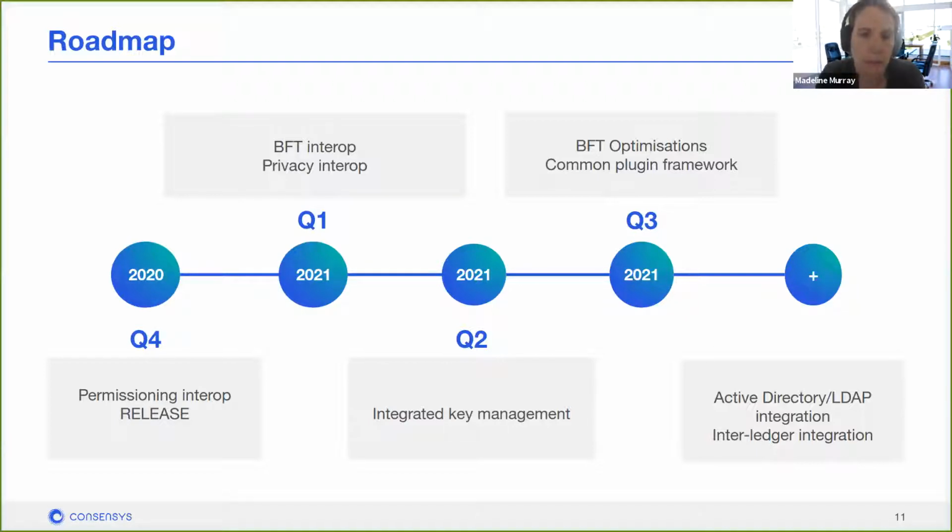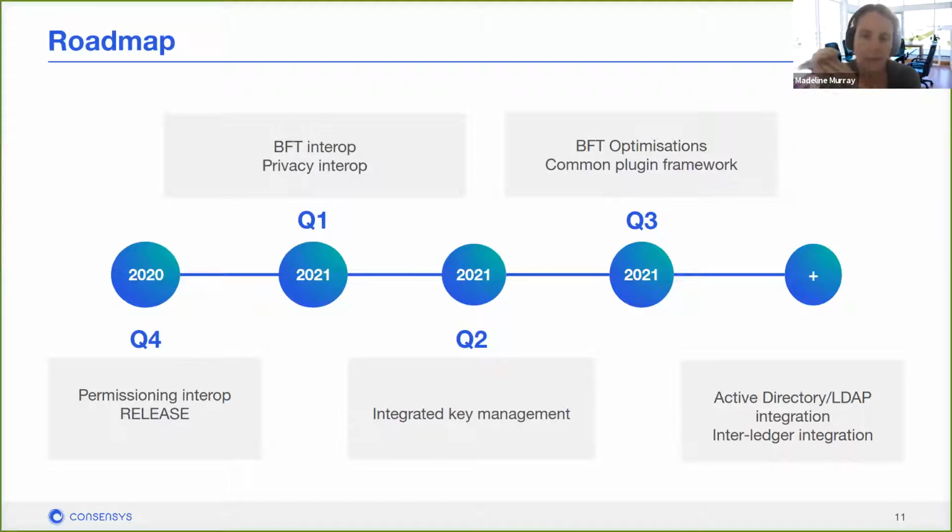If you've been to previous webinars, you may have seen a roadmap with more features on it. And if you want to go through the complete roadmap, the recording of the previous webinar is available for anyone that didn't attend. We're really excited about this roadmap because having both clients under one roof enables us to focus on ensuring we take the best of both clients and make GoQuorum interoperable with Hyperledger Besu.